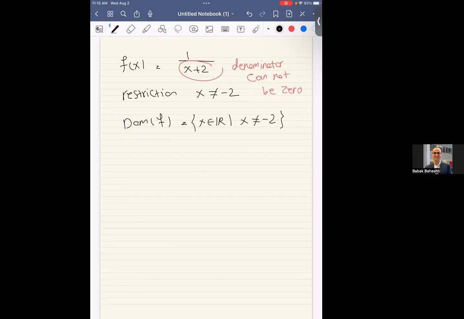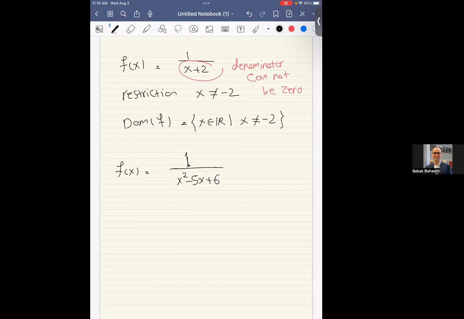But you can have a more complex denominator. For example, another example, what if f of x equal to 1 over x squared minus 5x plus 6? So that means if you have a denominator, you have to find its zeros and then exclude the zeros of the denominator from the domain, right?